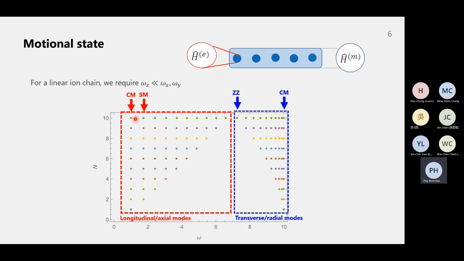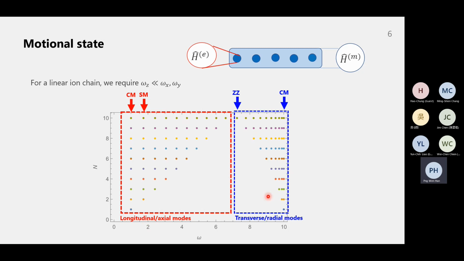If we have 10 ions in the system, here is the mode spectrum we will have for the longitudinal modes, distributed at these frequencies. And here is the distribution of the transverse mode frequencies for 10 ions. If you have 9 ions in the system, here is what the mode frequencies look like, and it goes down until you have 1 ion.